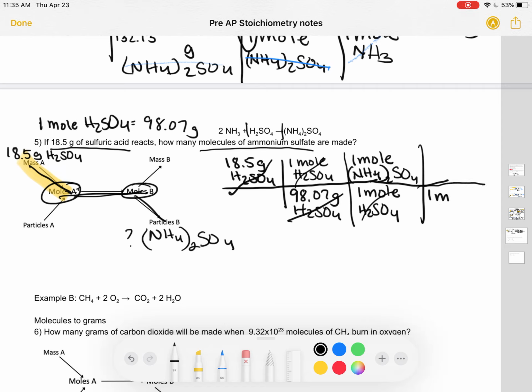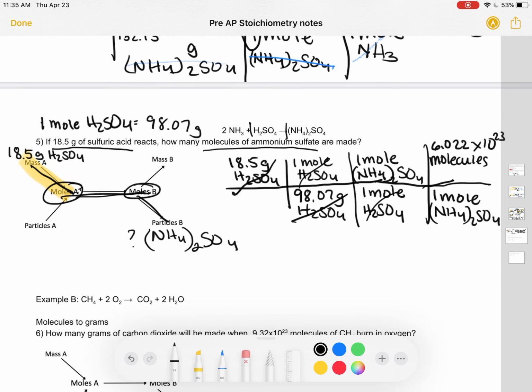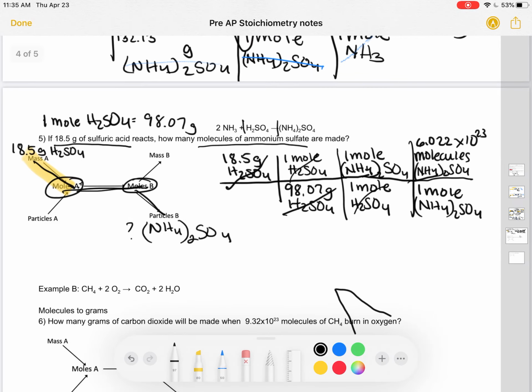For every 1 mole of (NH4)2SO4, you get 6.022 times 10 to the 23 molecules of (NH4)2SO4. Okay, so let's put this in our calculator: 18.5 grams divided by 98.07. Okay, this 1-to-1 step, you can do it if you want to multiply by 1 and divide by 1, be my guest.